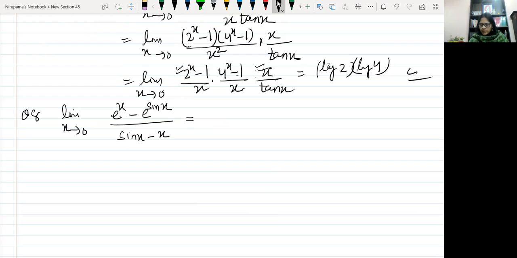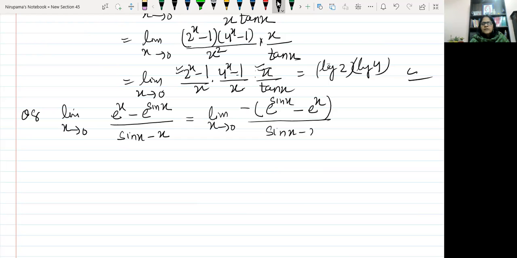So what we can do here? If you divide numerator and denominator by x, then also your problem will not be solved. So what I can do here, limit x approaches 0, I write minus of (e^(sin x) - e^x) divided by (sin x - x). Okay, so we have the standard form (e^x - 1) by x. Right, here we have sin x minus x.